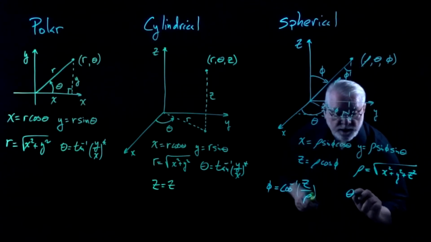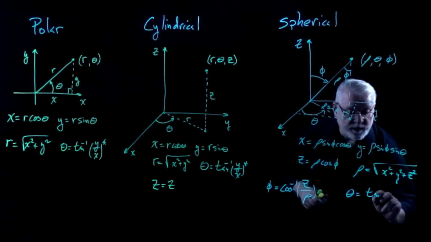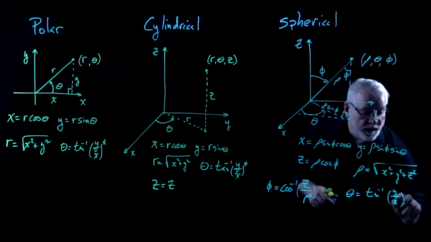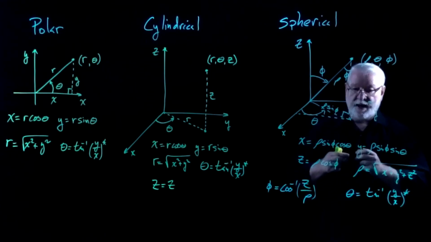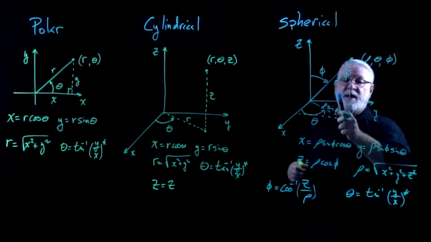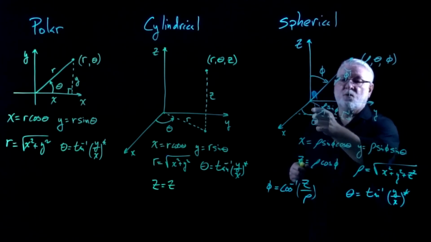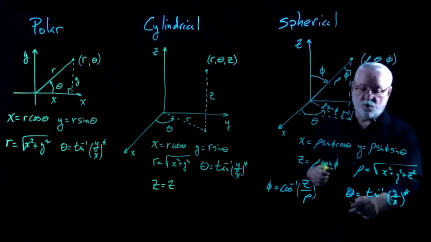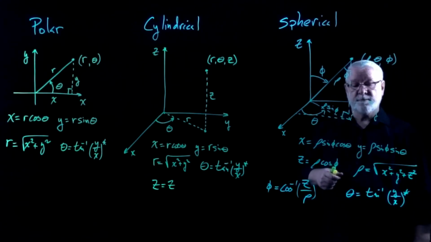So theta is still equal to the inverse tan of the y coordinate over the x coordinate. And this will share the same caveat that it had before. As I move points around in 3D space, if they end up in the xy plane in the second or the third quadrant, then you'll have to be mindful of these x and y coordinates in order to make sure that theta is correctly assigned.